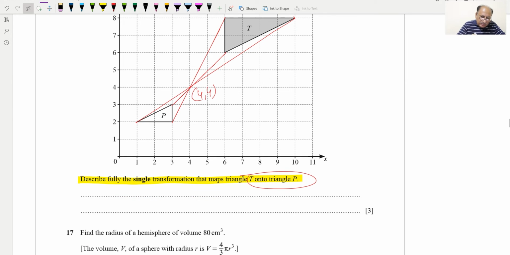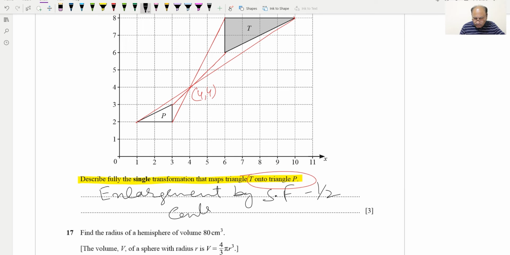So we can say this is enlargement by scale factor minus 1 by 2, minus because it's on the other side of the center, and the center of enlargement we can write as 4 and 4, and this is a 3-mark question. All three pieces of information we have provided.